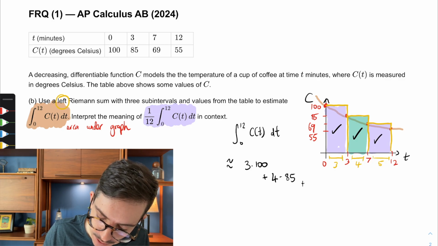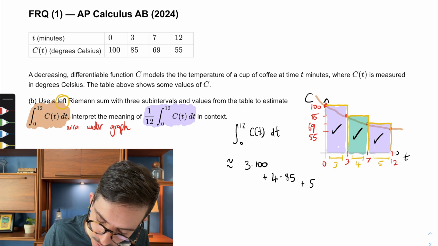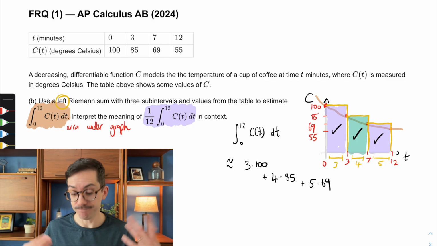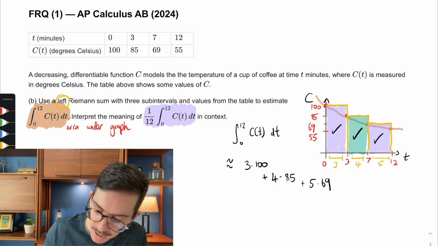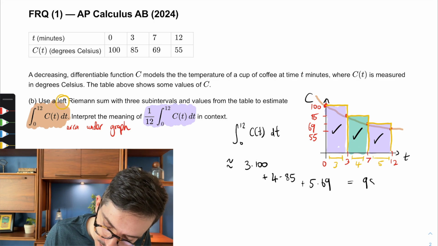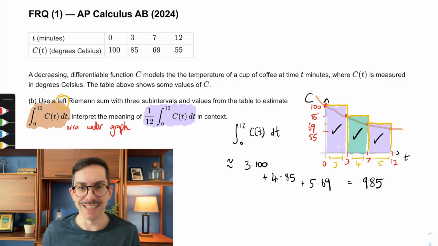And my third area has a base of 5 and a height of 69. Now, we could leave it like this and get full credit, but since I have you here, if you work out what this is, you're going to get 985 as our approximation of this definite integral.